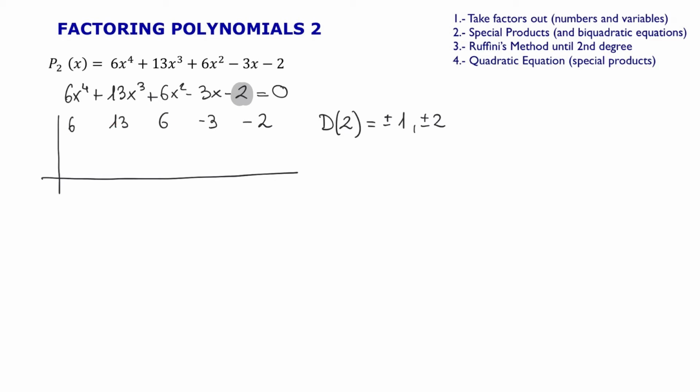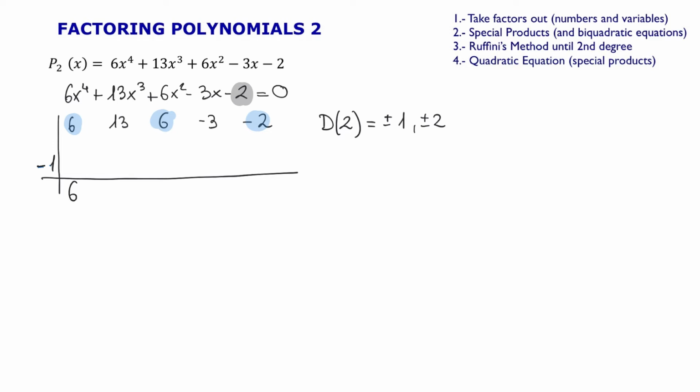For the negative 1, we need to do 2 additions of every other number. So we have 6 plus 6, 12, minus 2, 10, and this addition must be the same as 13 minus 3, which is 10. So yes, negative 1 is one of my roots, negative 1.